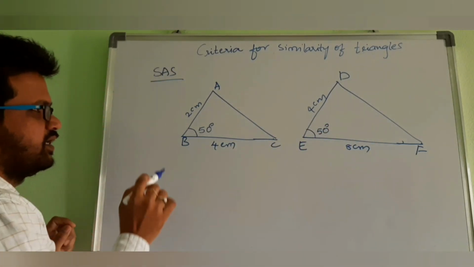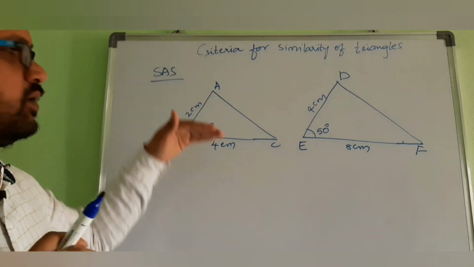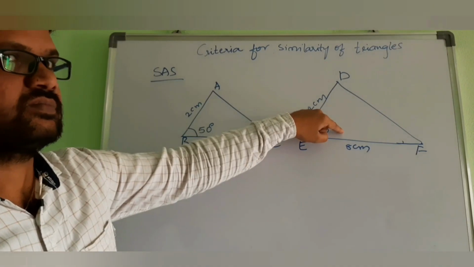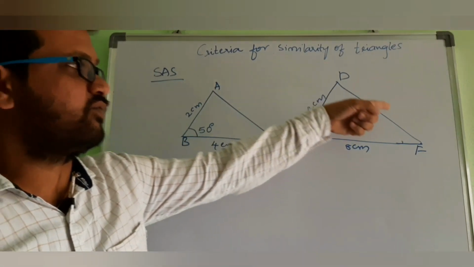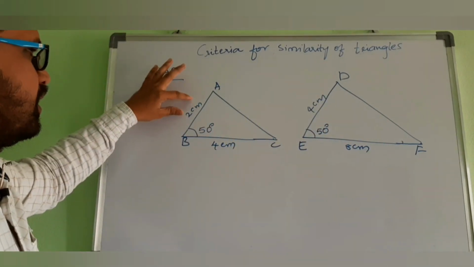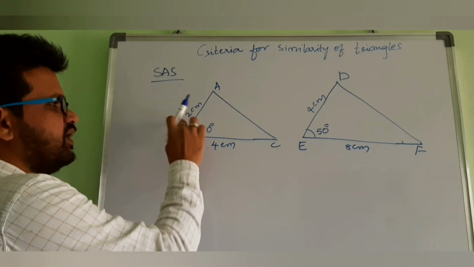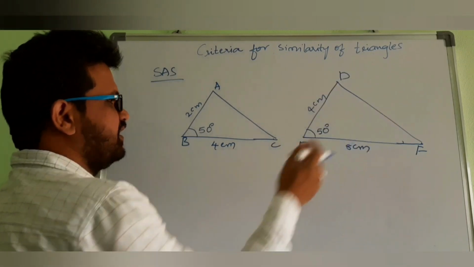How can we say that? See, in any two triangles, one angle is equal to one angle of the other triangle, and including sides. What are the including sides here? AB and BC, and here DE and EF.